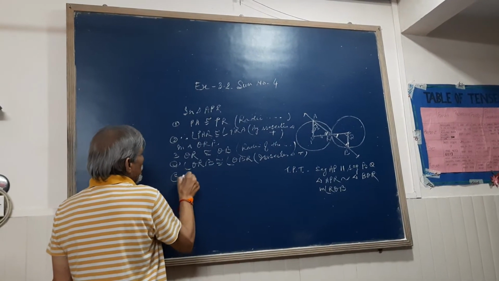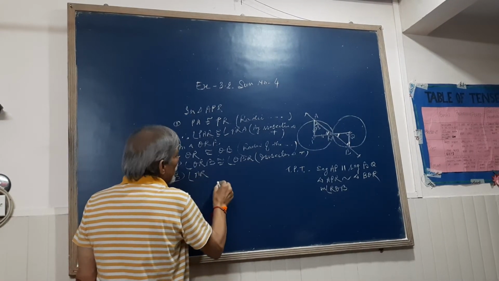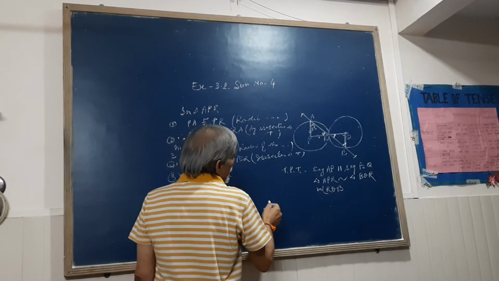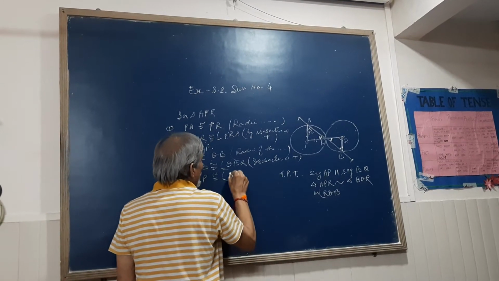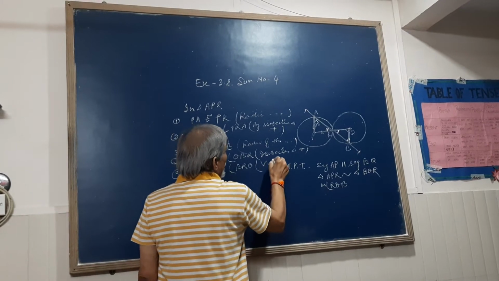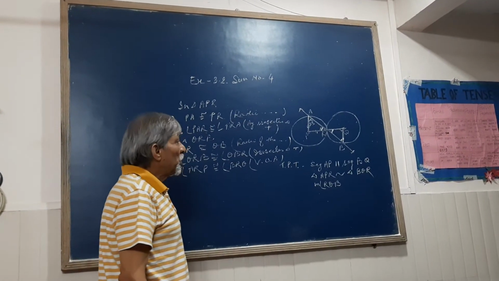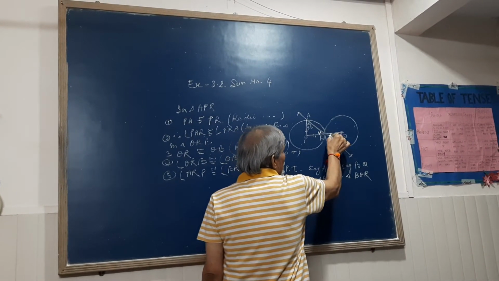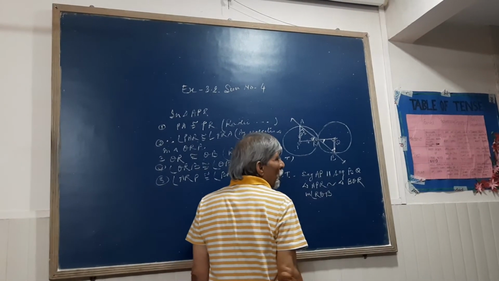So fifth statement, angle ARP is equal to angle BRQ by vertically opposite angles. So now you can very well understand this angle is equal to this angle, this is equal to this angle, and these two are common to each other.